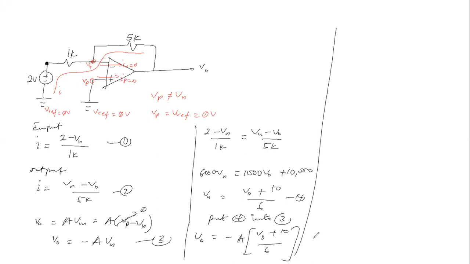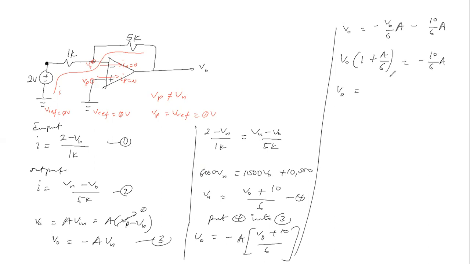If we open this up, V naught is the same as negative V naught A over 6 minus 10A over 6. Bringing this across the equality sign, V naught times bracket 1 plus A over 6 is equal to negative 10A over 6.